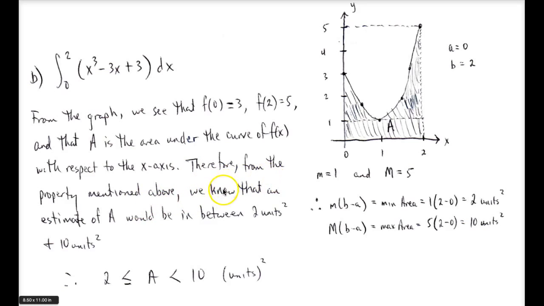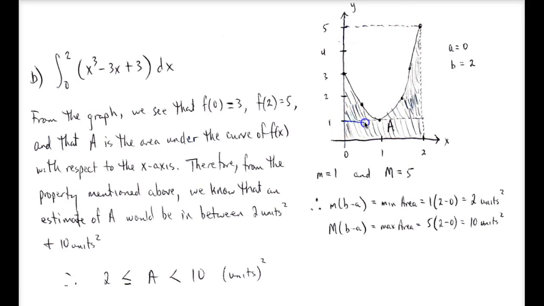we know from the min-max inequality property that we can estimate this in between 2 and 10 because, of course, here at x equals 1, you have the lowest value, which is 1, of this function, and at x equals 2, the function has the highest value, or the maximum value, within that closed interval, of 5.